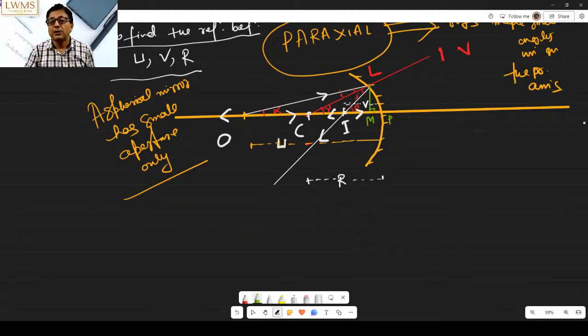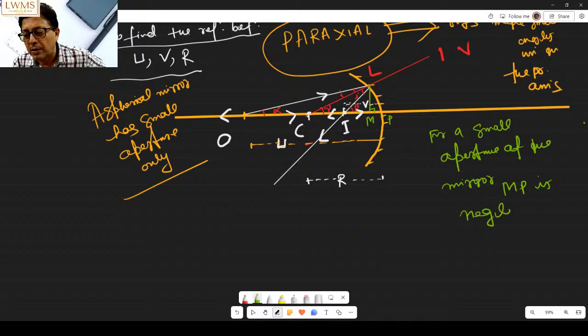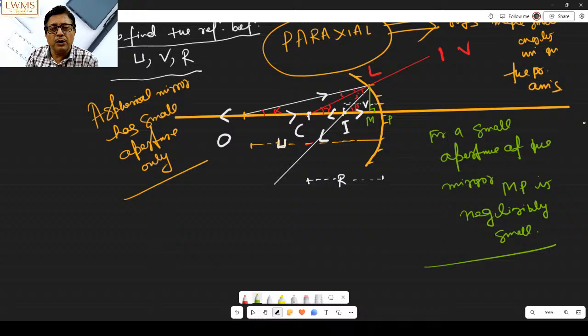No. So for a small aperture of the mirror, MP tends to 0. MP is negligibly small. Clear?